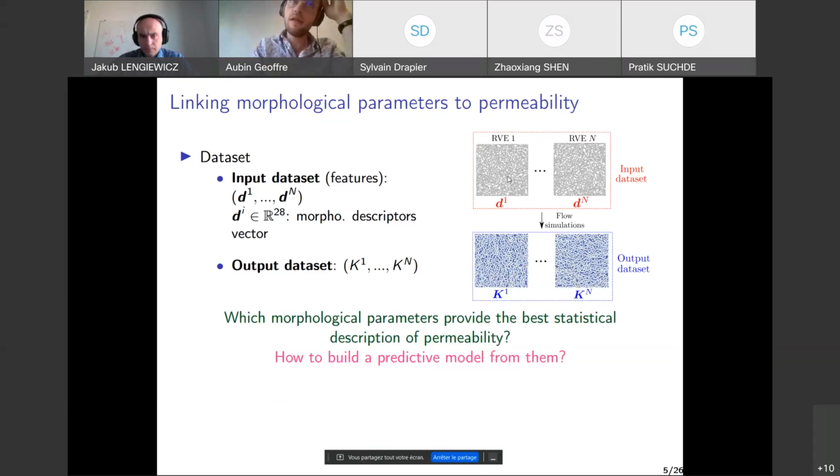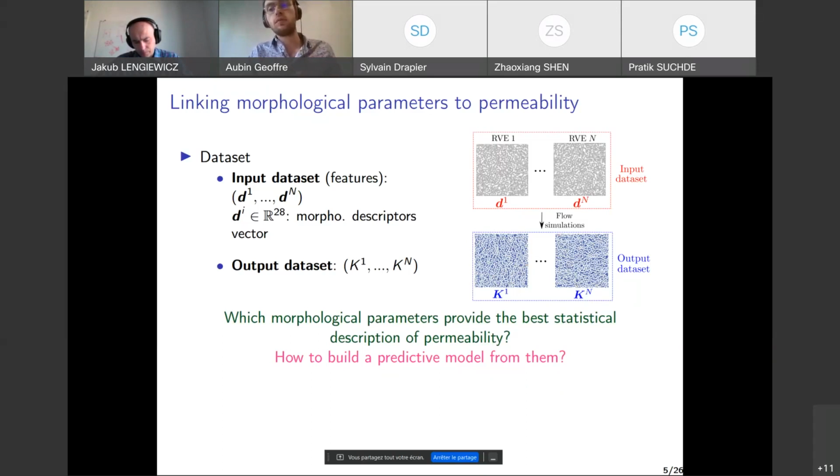On the other end, we have an output dataset composed of permeability. So the question starting from this data is which morphological parameters provide the best statistical description of permeability, and how to build a predictive model from them.